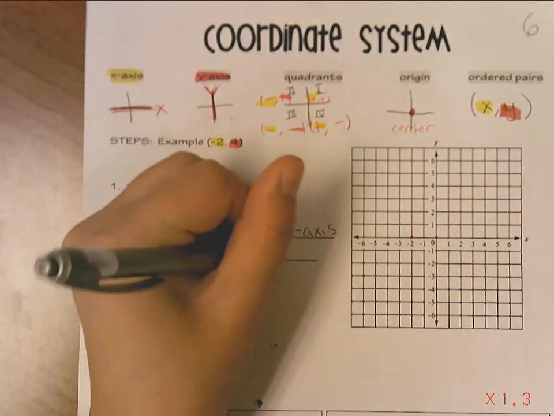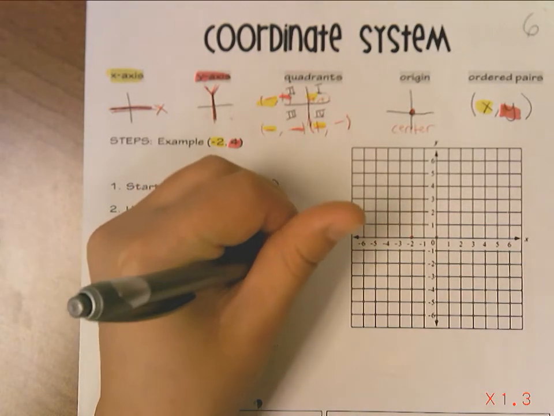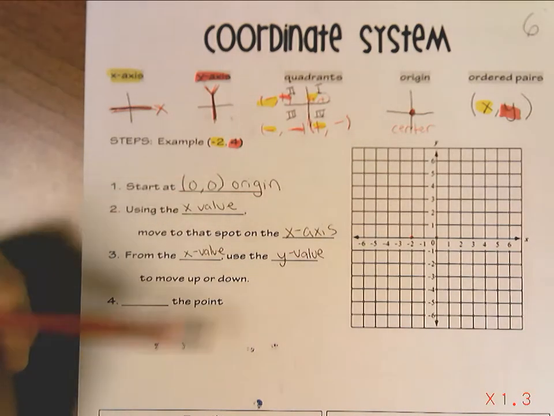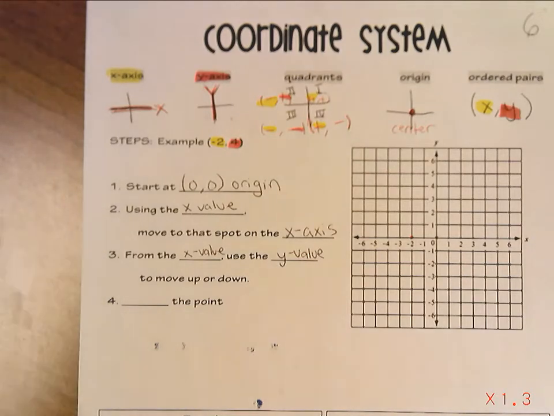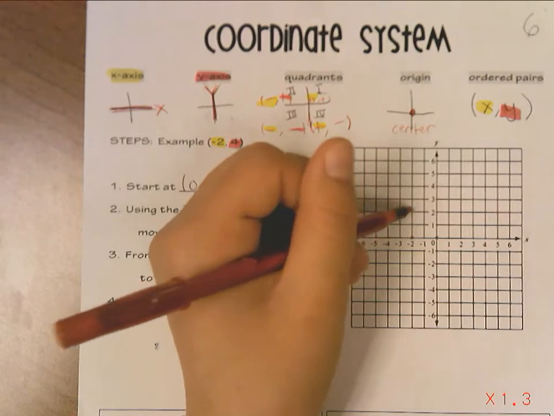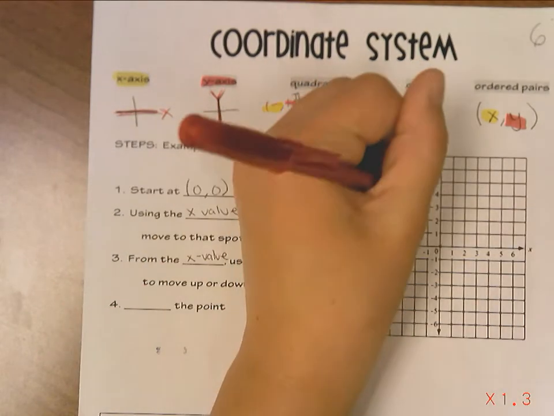Use the y value to move up or down. Okay, so now our y value is positive 4. So now we have to go positive 4. 1, 2, 3, 4.